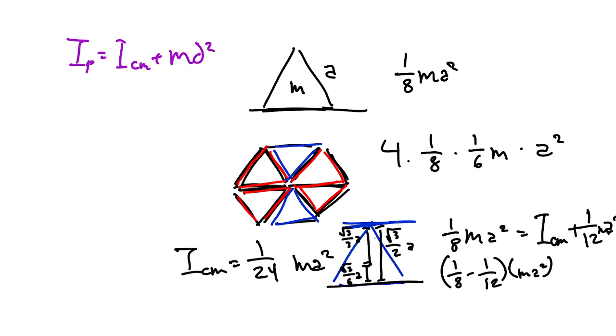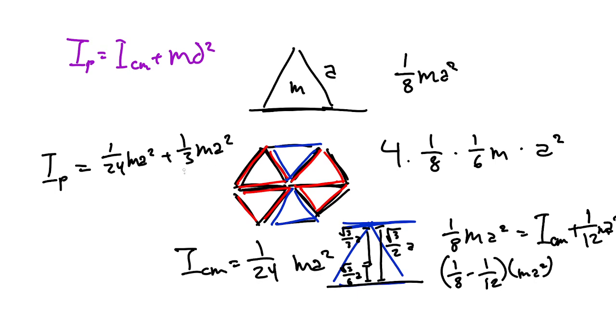And so that's the first step. Second step is to determine the moment of inertia about that axis. So now we can plug it into this equation once again. Our axis moment of inertia is going to be 1 over 24 ma squared plus, what is that distance? Square root of 3 over 3, right? And that's going to give us 3 over 9, so 1 over 3 ma squared.